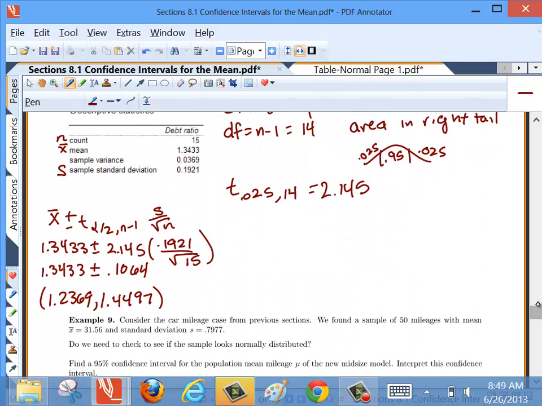We were supposed to find the confidence interval. We're also supposed to interpret the confidence interval. So we could say that we are 95% confident that the mean of, what would be a reasonable population in this situation?